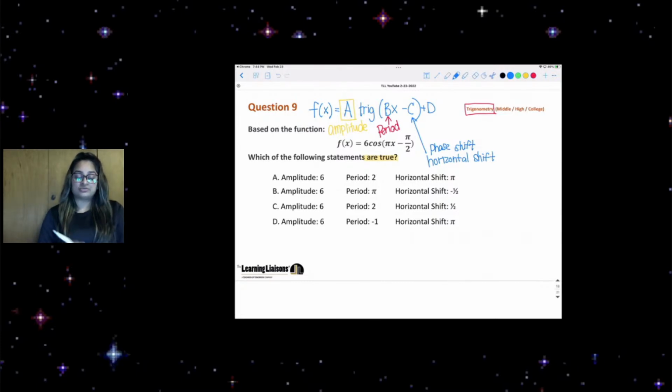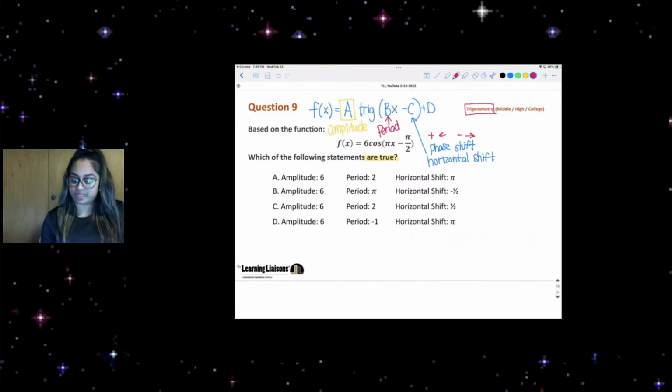So that is how the parent function, the base function, moves from left to right. And remember that when we have our phase shift, the sign is opposite of how it moves. So what do I mean by that? A positive number will move it to the left, and a negative number will actually move it to the right. I know, go figure. Because we're just looking at the number. So if you look at the sign in front, it tells you how to move it.